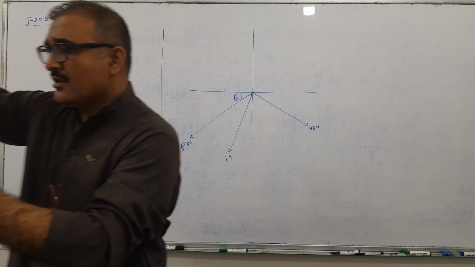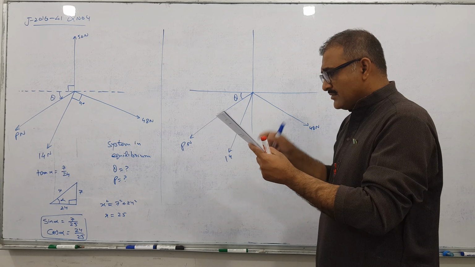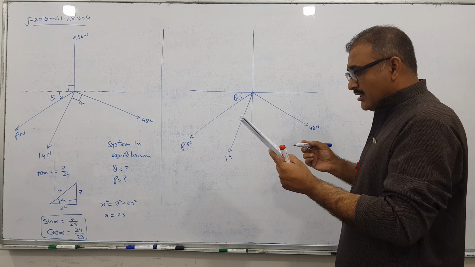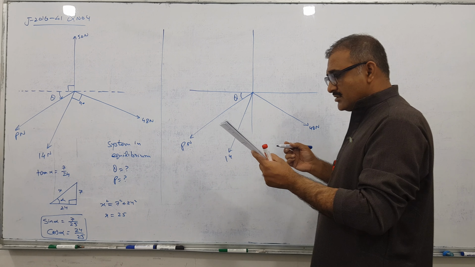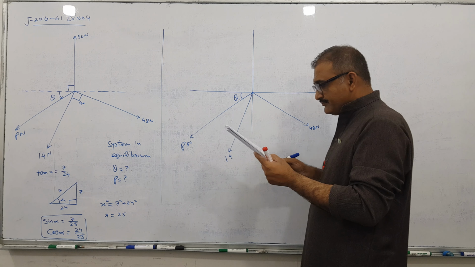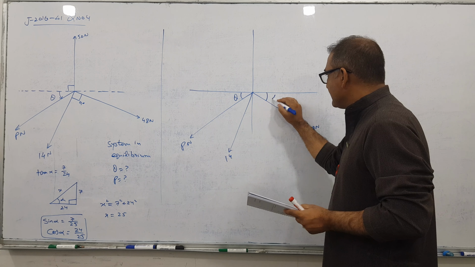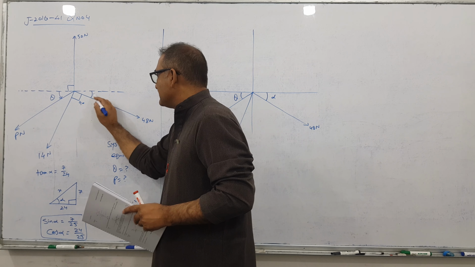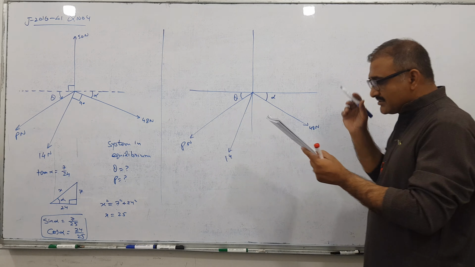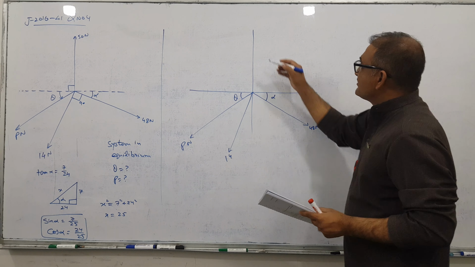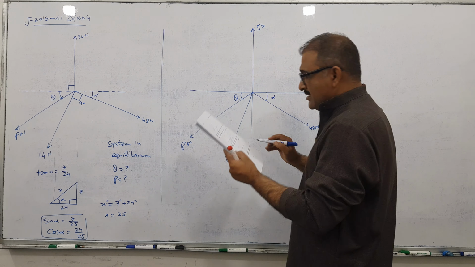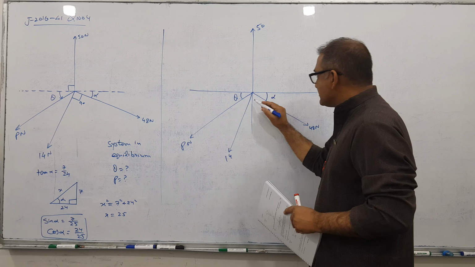Yeah, this is alpha. Alpha is given here. All right, and 50 newtons is acting upward. And this is theta, and this is 90.